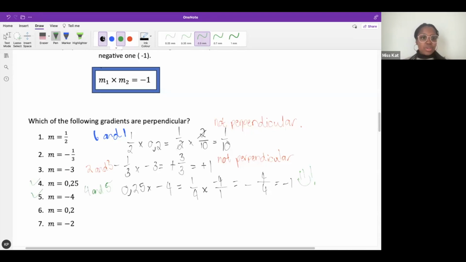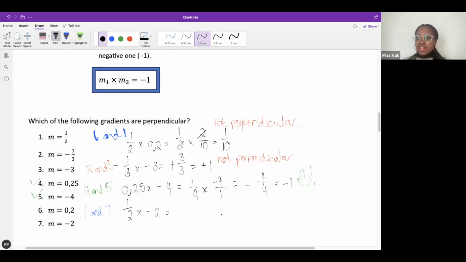Okay. Now let me scroll in the chat and see which other options you guys said were perpendicular. I see 6 and 7. Ufenza says 1 and 7. Ufenza is very adamant that 1 and 7 are perpendicular. So let's test it. Number 1 is a half multiplied by -2.